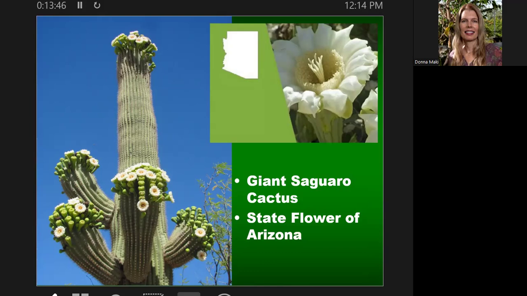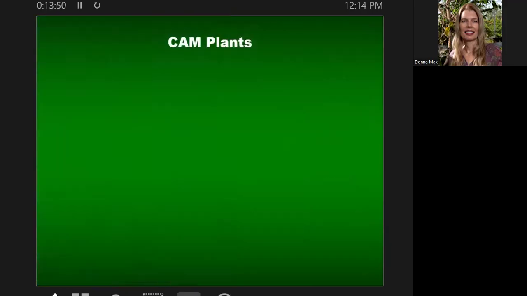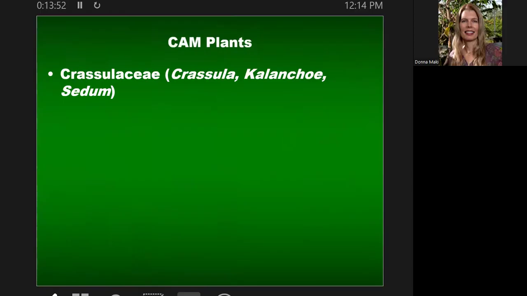So when they were looking at plants that do this CAM cycle, they named it the Crassulaceae acid metabolism, which abbreviates down to CAM, because the first few plants they found belonged to this family, the Crassulaceae family.